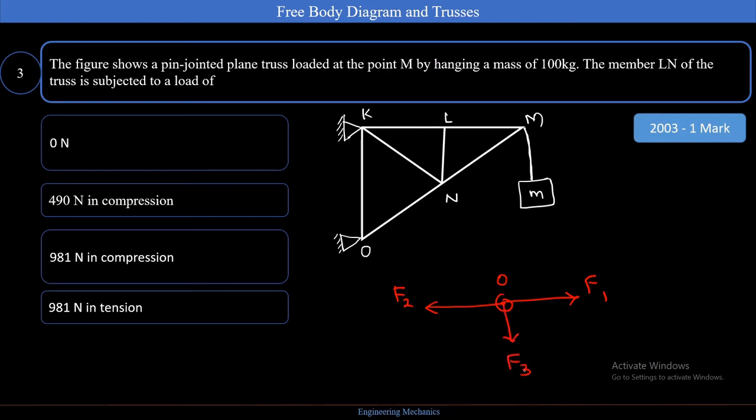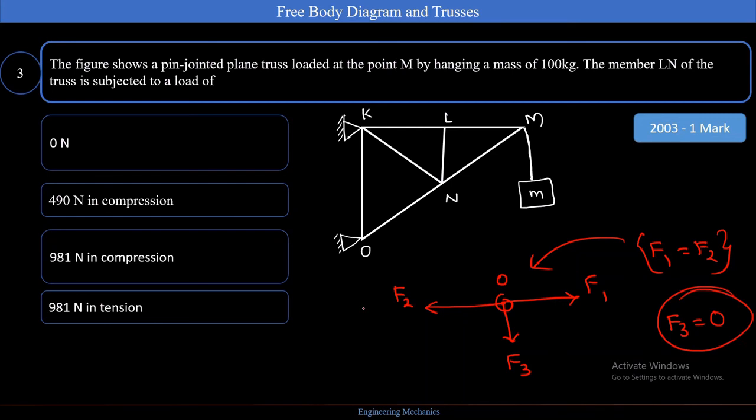In case my F1 is equal to F2, then F3 is going to be equal to 0.